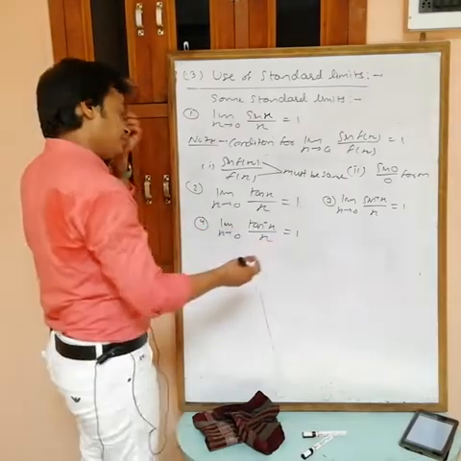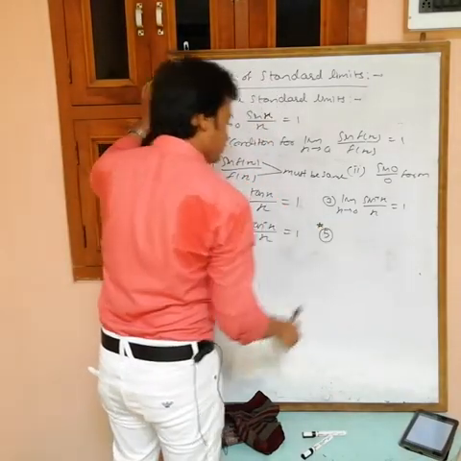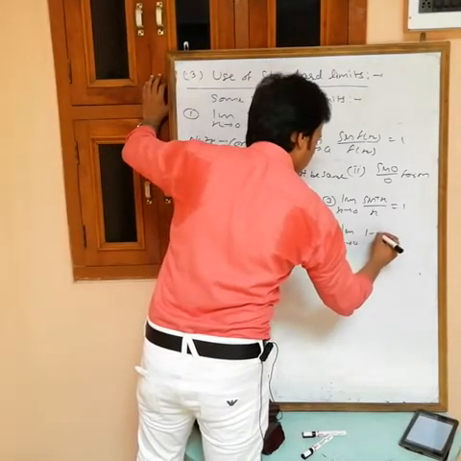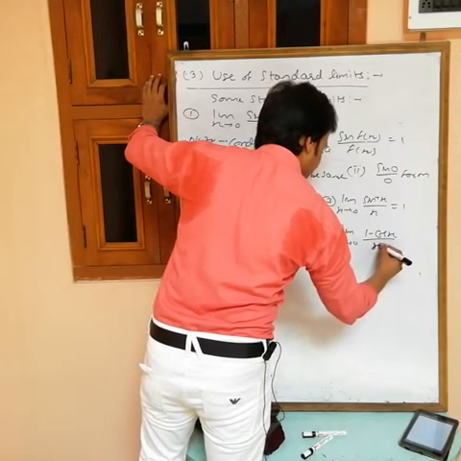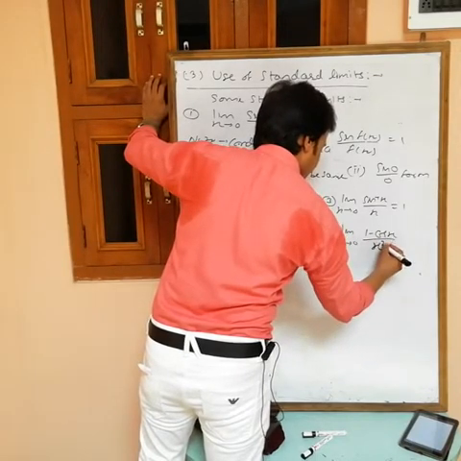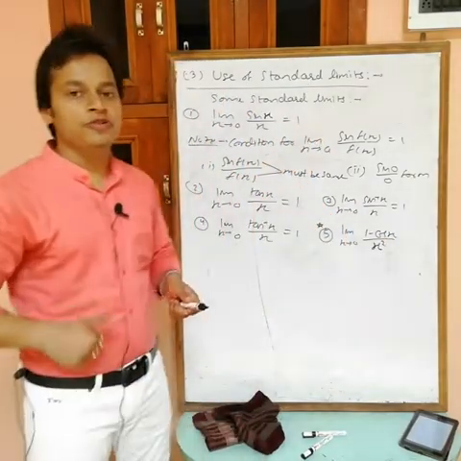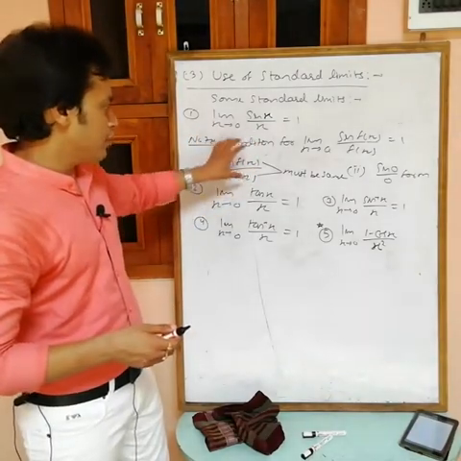Now the fifth one, and remember this one. Limit x tending to 0, 1 minus cos x by x square, which equals 1 by 2. Again, in place of x, if you have any function, the same thing applies. The same condition holds for all types of limits.